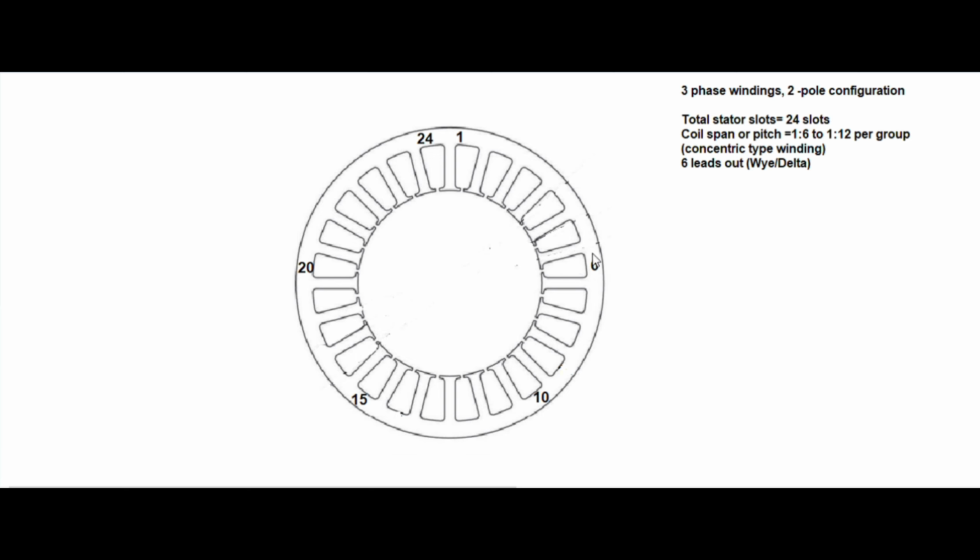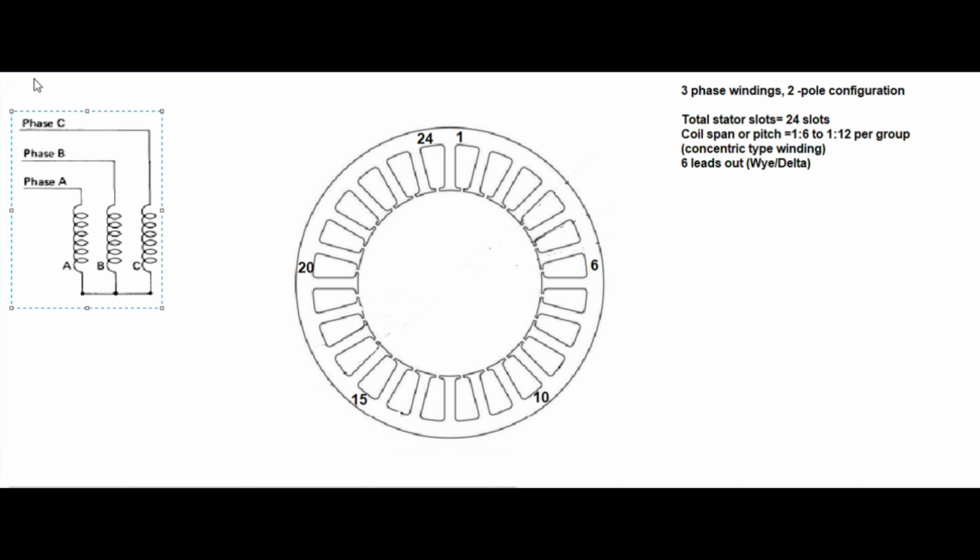Say, for example, the basic three-phase motor with 6 leads out, star or delta configuration or connection, similar to this one. We will have 6 terminals out and can be possibly connected in star or delta.